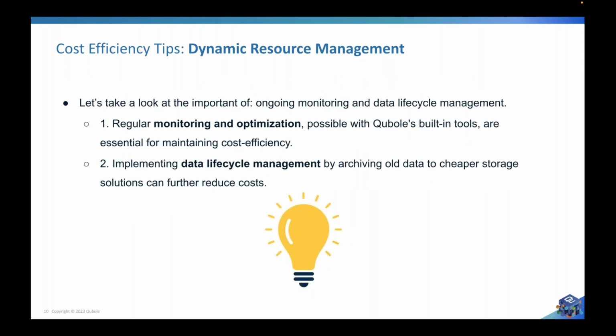Now, talking about dynamic resource management, we spoke about how you can use spot instances and auto scaling, but once you have done those, how do you measure that? You have to have continuous monitoring, to make sure that whatever changes you have made, such as using spot instances effectively or increasing their percentage, and the jobs that auto scale automatically, are working.